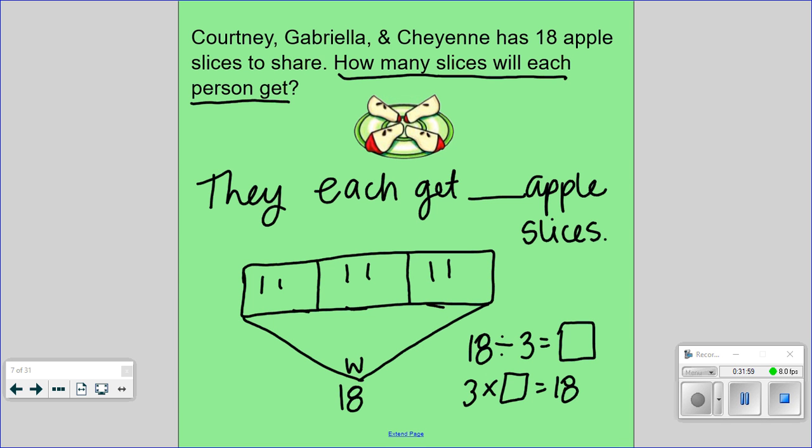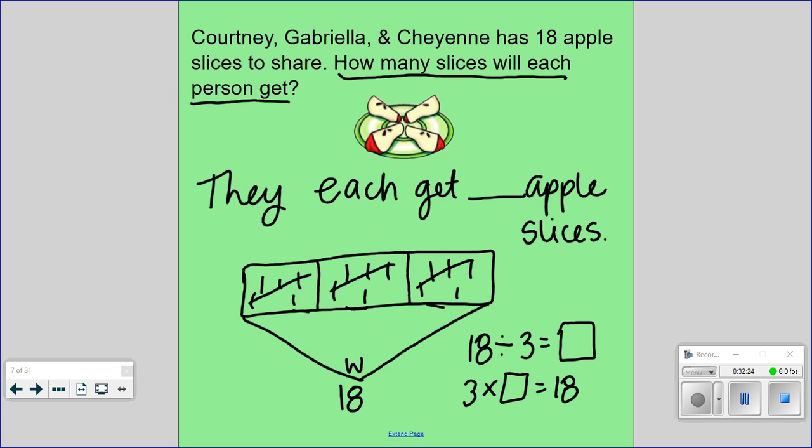Keep going. 7, 8, 9. Keep going. 10, 11, 12. Keep going. 13, 14, 15. So close. 16, 17, 18.